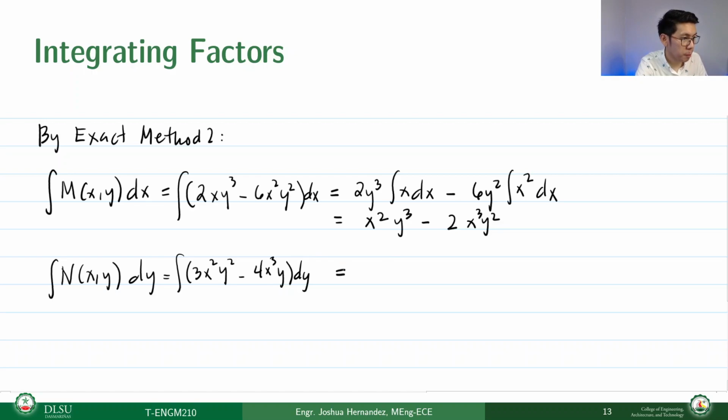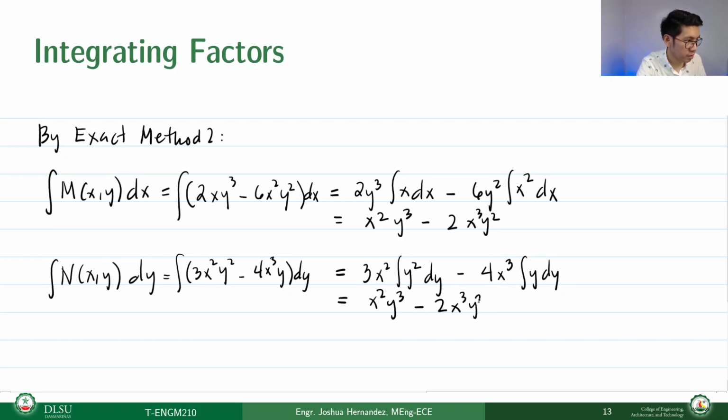How about this one? Integrating, we can factor out 3x squared. We have y squared dy minus, factoring out 4x cubed, we have y dy. So we're going to get x squared y cubed minus 2x cubed y squared.